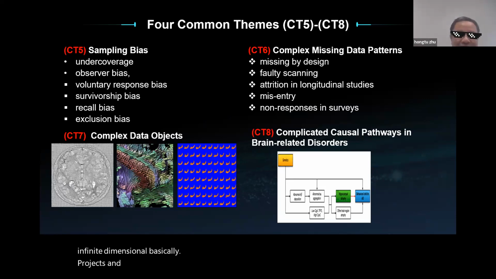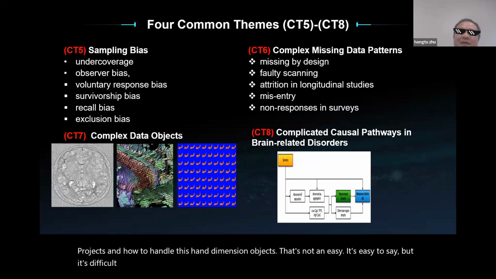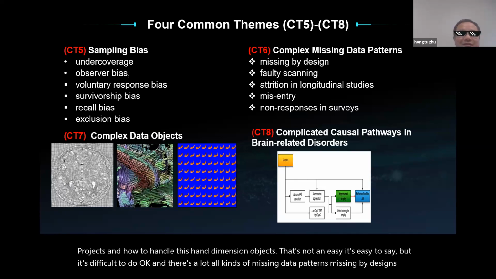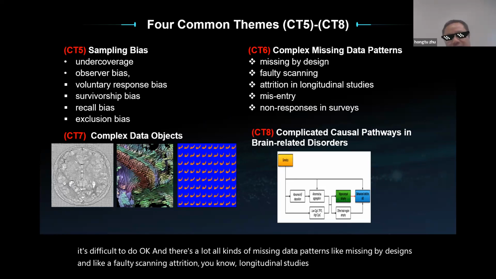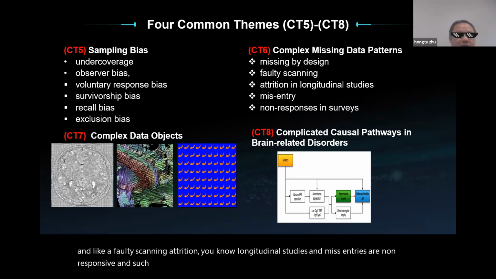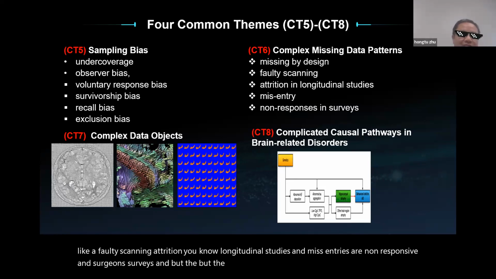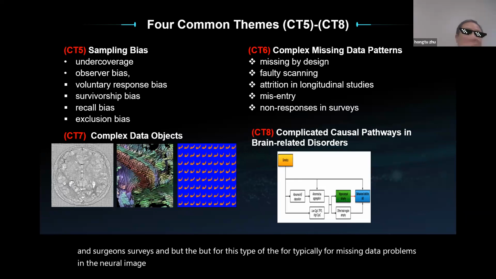And how to handle these high-dimensional objects? That's easy to say, but difficult to do. And there are all kinds of missing data patterns, like missing by design, faulty scanning, attrition in longitudinal studies, and misentries and non-response in surveys. But typically, the missing data in neuroimaging is missing by design.